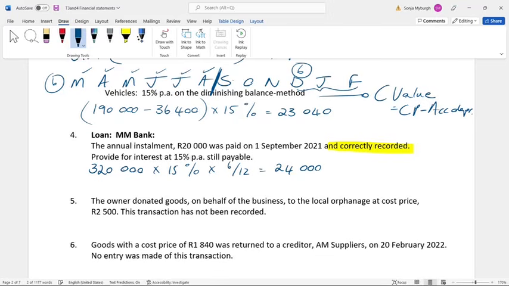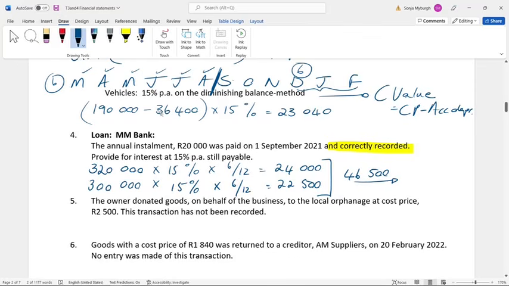Then we repaid 20,000. So now there is 300,000 left, on which we must pay 15%, but only for 6 months, and that will give you 22,500. So the total interest on loan is 46,500. This is how much it is supposed to be. That's what we just calculated. How much is the interest supposed to be?